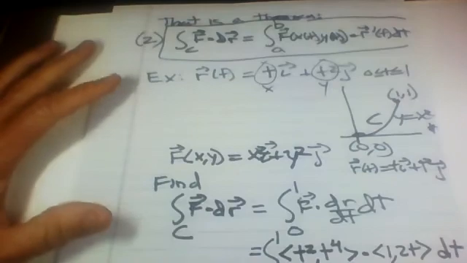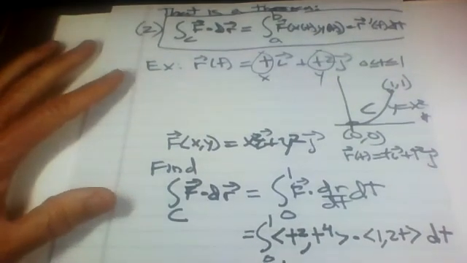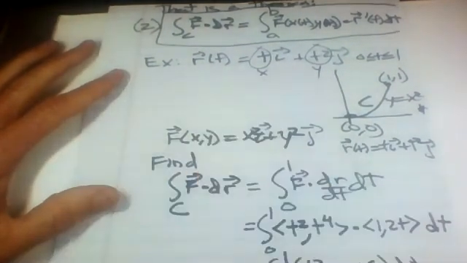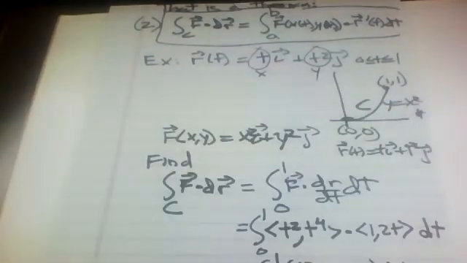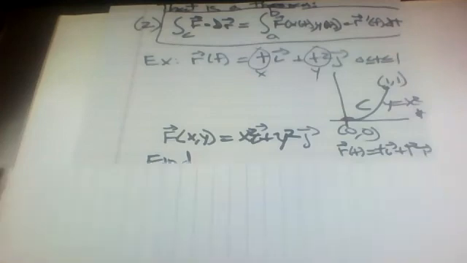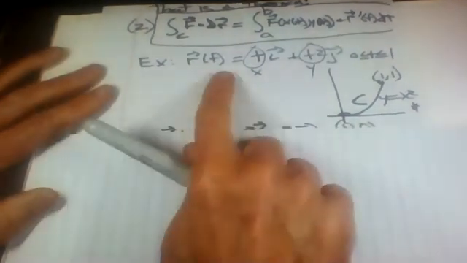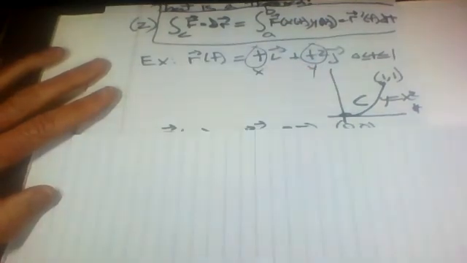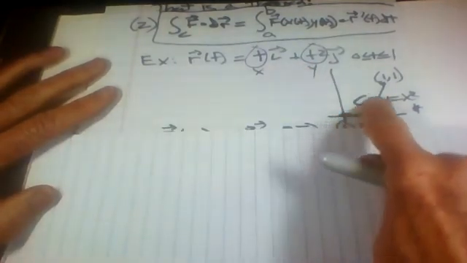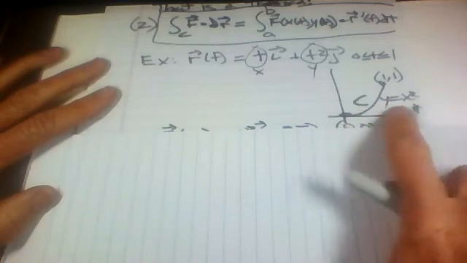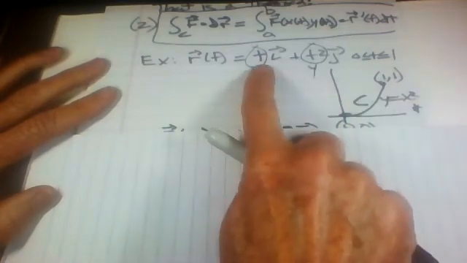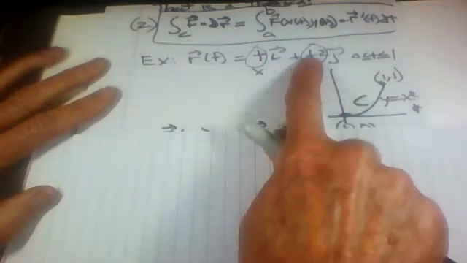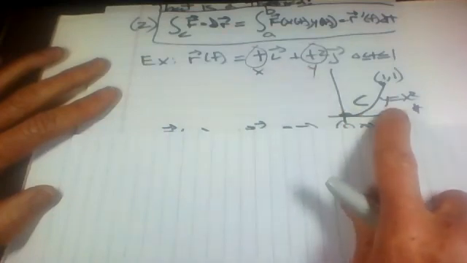Here's an example of evaluating a vector line integral. Suppose I have a path swept out by this vector valued function, r of t equals t i plus t squared j. What am I doing? I've written parametric equations for this parabola, y equals x squared, because if you put x equals t, you get y equals x squared, eliminating the parameter.